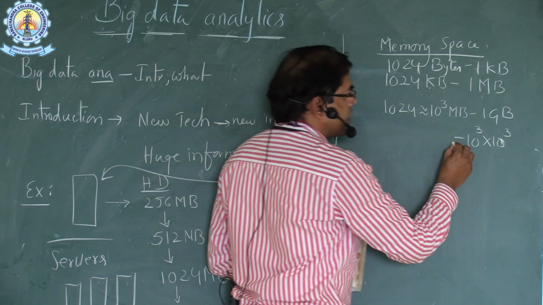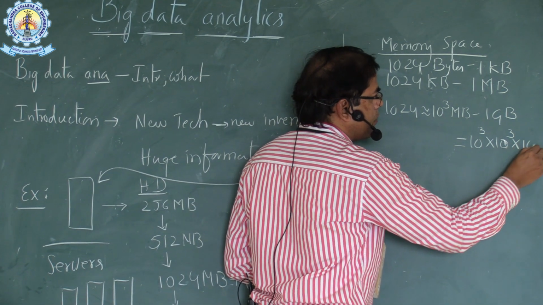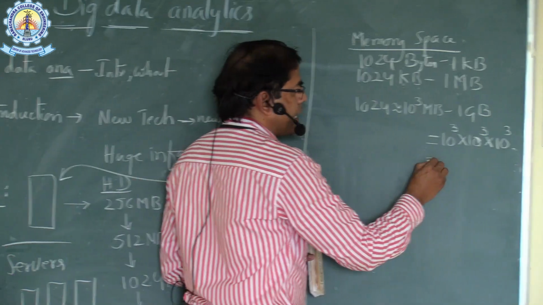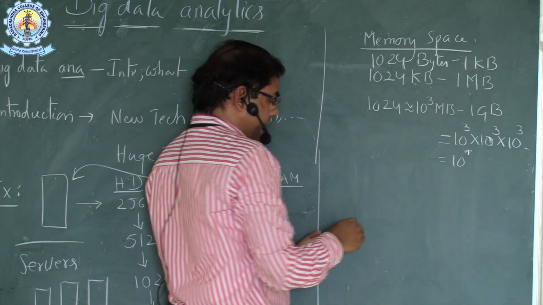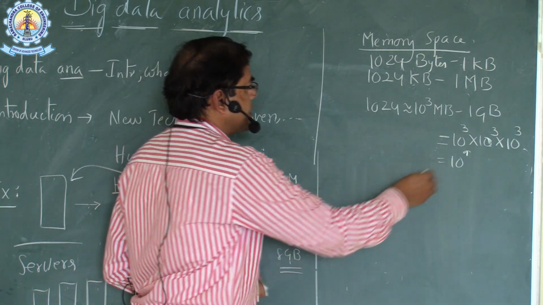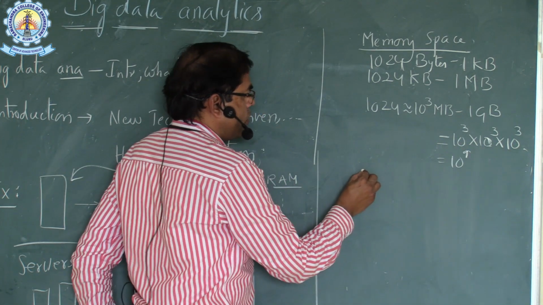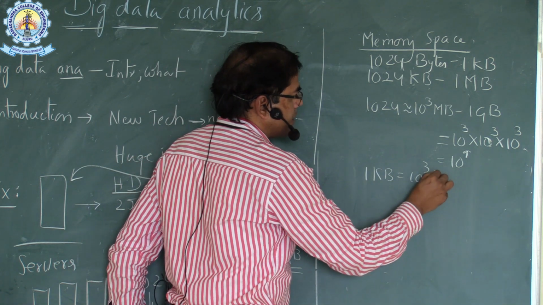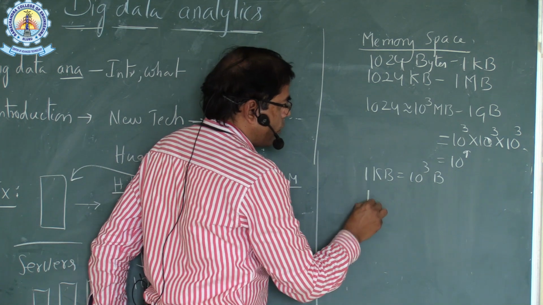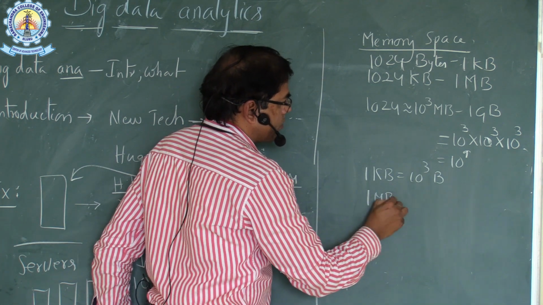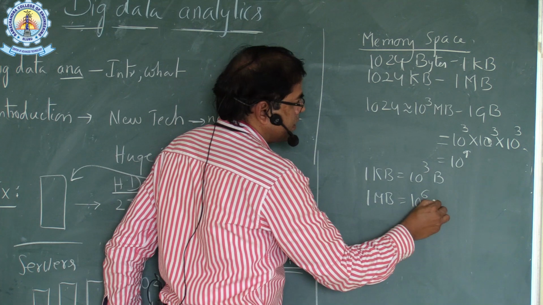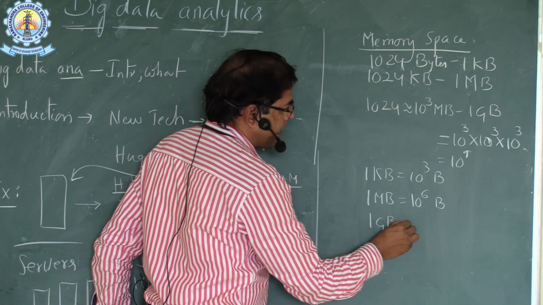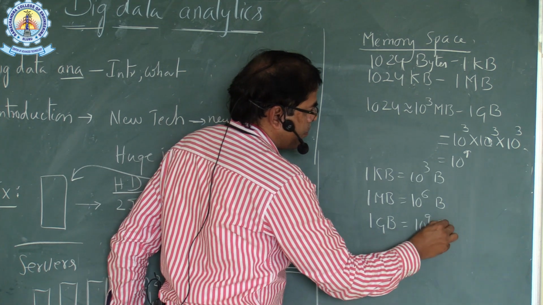If you want to write in terms of only bytes, I can write: 1 kilobyte equals 10 to the power of 3 bytes. 1 megabyte equals 10 to the power of 6 bytes. 1 gigabyte I can write as 10 to the power of 9 bytes.